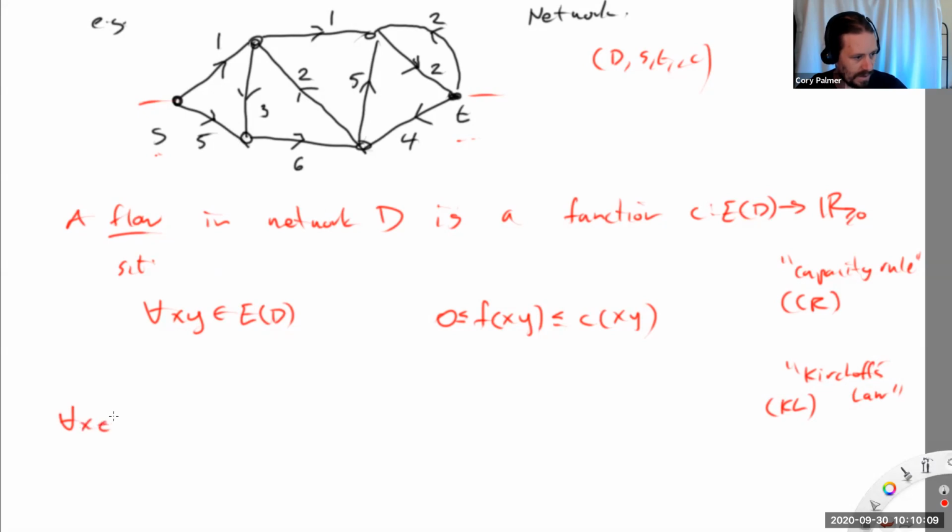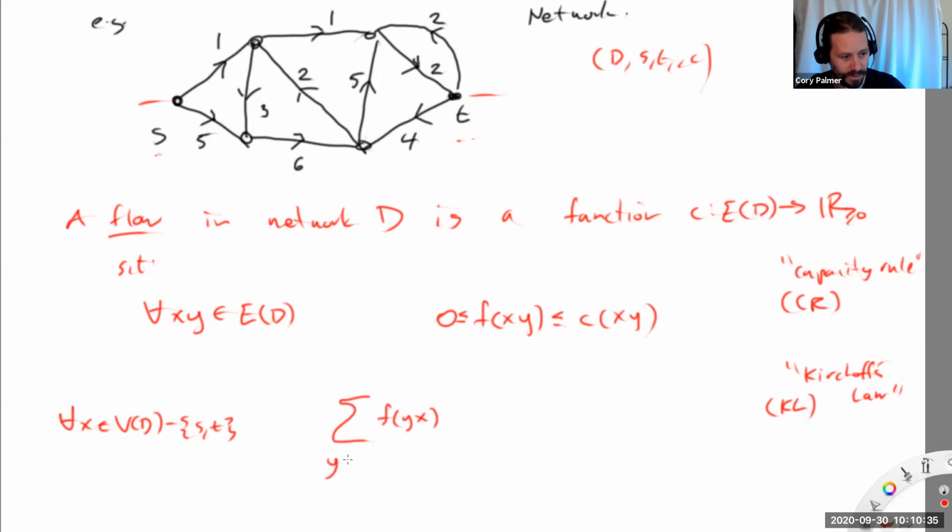vertex in the network, excluding S and T, right? S and T are not bound by these rules. We have the following, that the flow into X, so that's the flow on each arc YX. X is fixed, right?